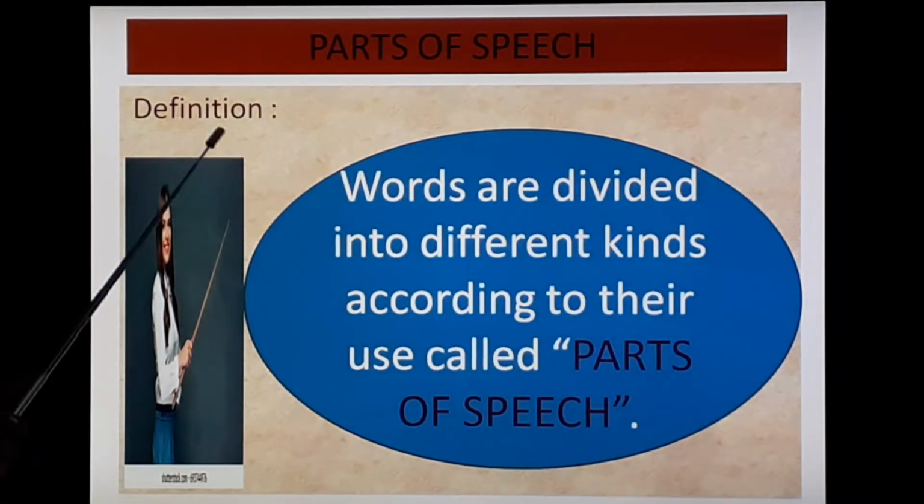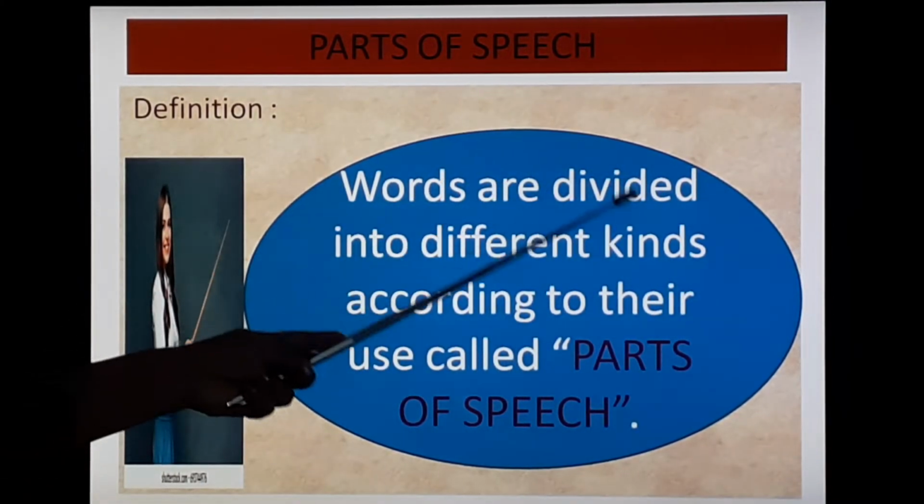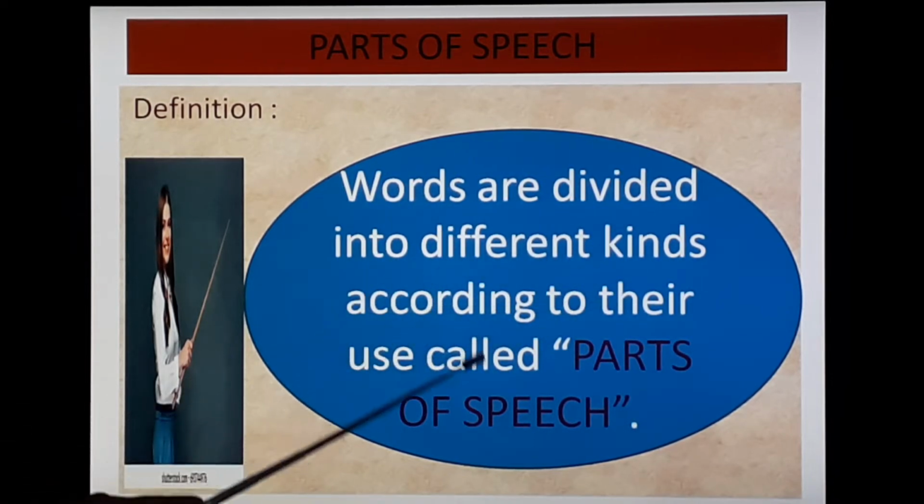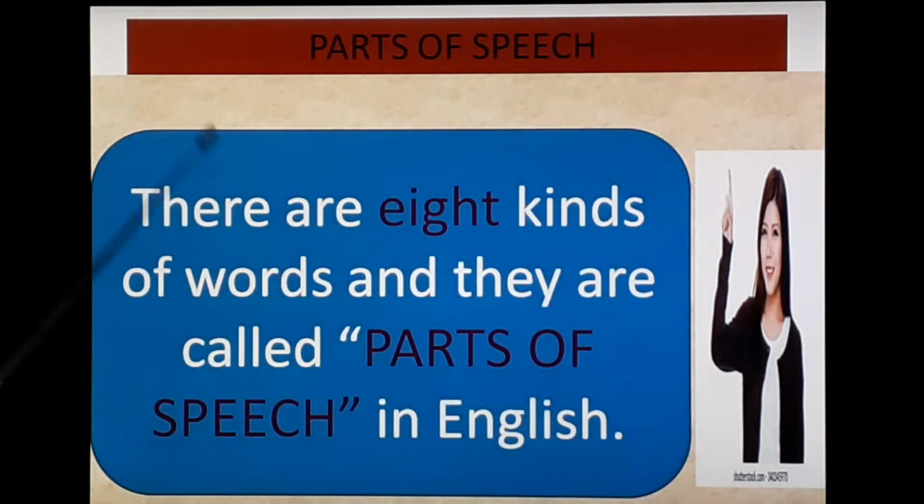Let's see the definition. Words are divided into different kinds according to their use, called parts of speech. There are a total of 8 kinds of words and they are called parts of speech in English.